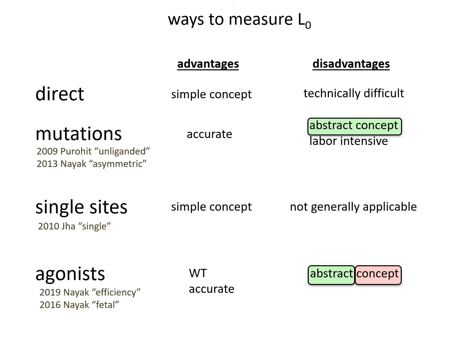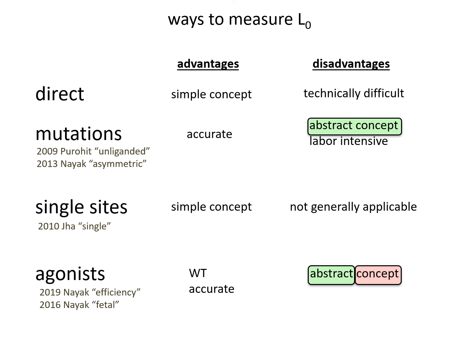One way is by direct measurement of the constitutive response. It's very simple conceptually, but very difficult technically because constitutive responses are quite small, and you need to know the number of receptors contributing to that response. So it's very technically difficult to do. That was first done by Jackson in 1986 in acetylcholine receptors, again, the first receptor.